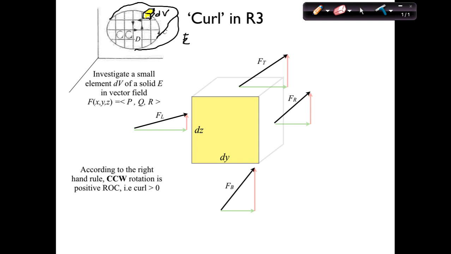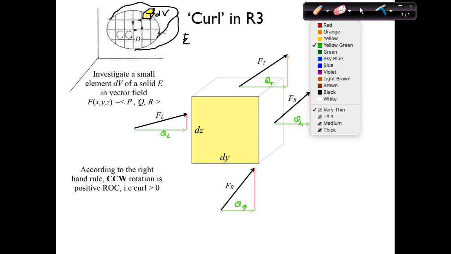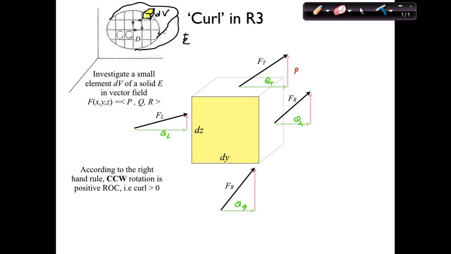So this is my Q top, and this is my Q right, and then my Q bottom, and my Q left. All right, what about the vertical components of these vectors? P, Q, or R? Well, P or R? These are R, right? These are the Z components. So I've got R top, R right, R bottom, and R left.